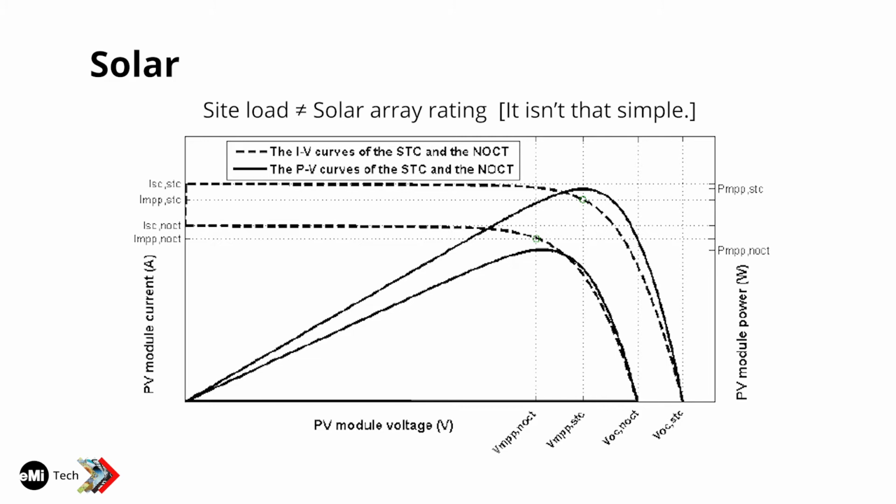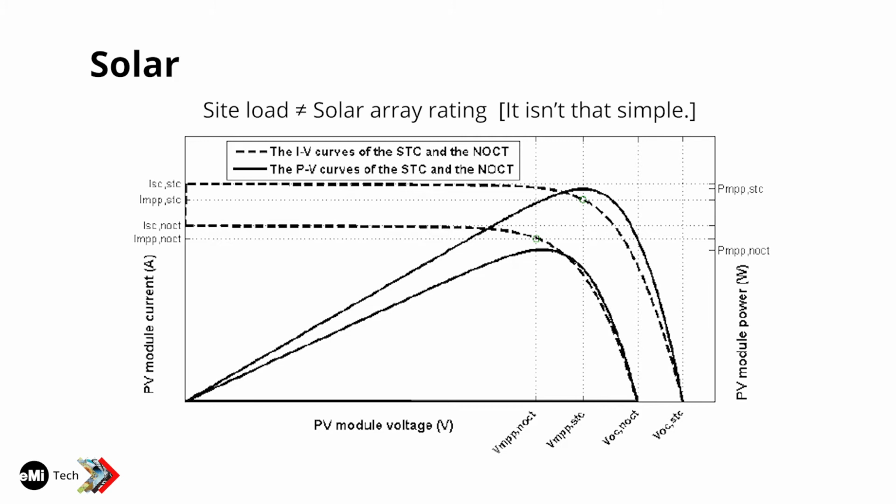And I think another piece of information that I always want to make sure you understand is that site load does not equal solar array rating. So you can't just look at the back of a solar module. The solar module is going to have 250 watts. But you can't just say 250 watts times X equals my site load. It does not work that way at all.